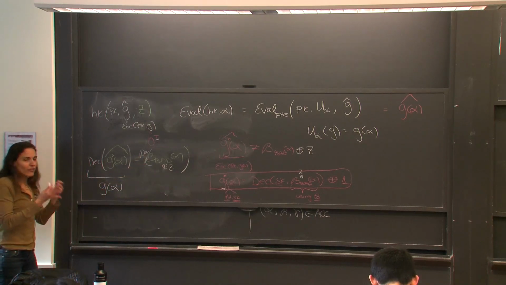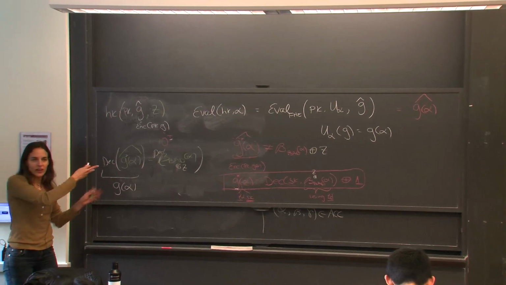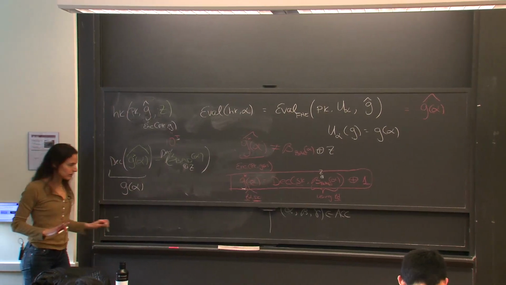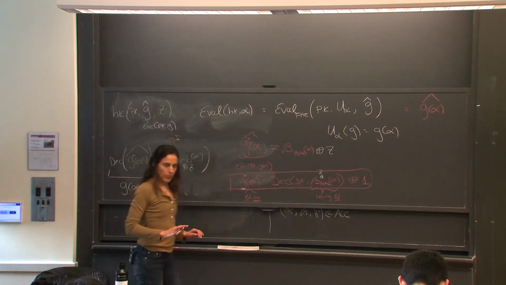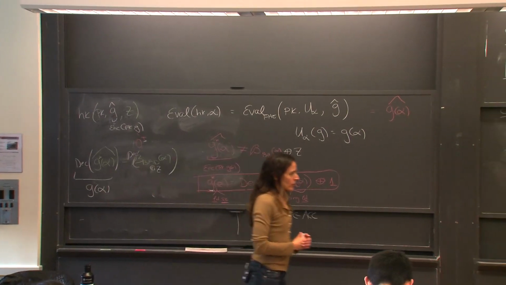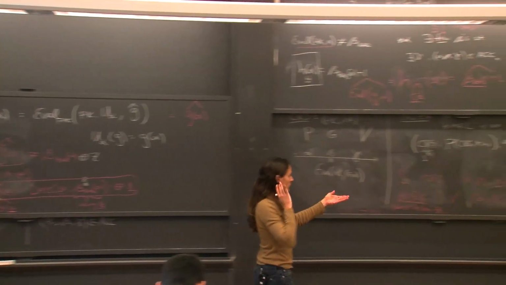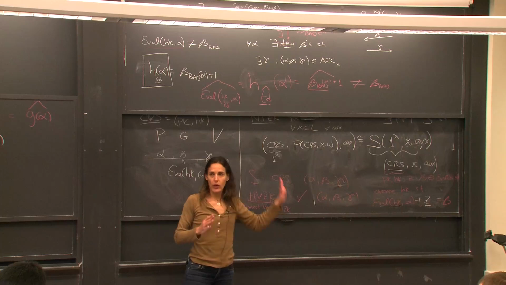So the fact that I added Z has no significance on the proof. It's exactly the same proof. Okay? And that's how I simulate, and now I have a simulator.